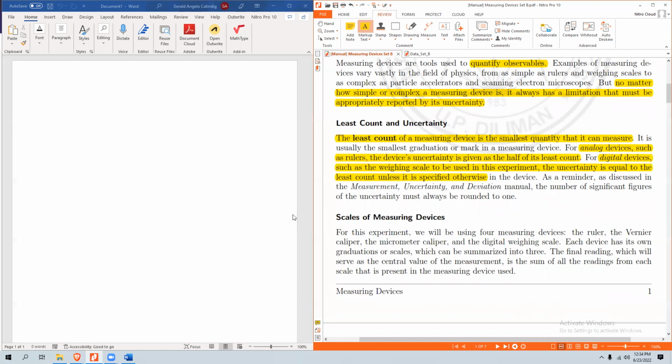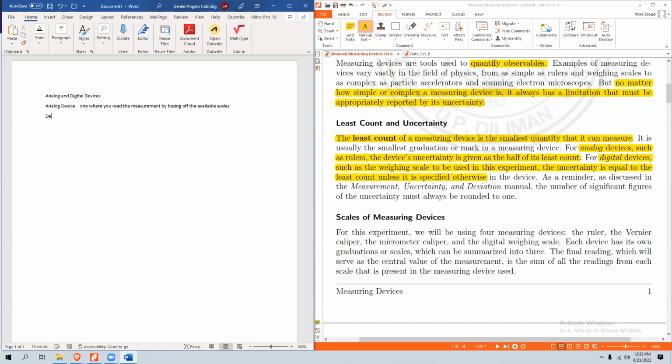All right. Just as a clarification, in case you are not familiar with the terms analog and digital, I will be typing on my Microsoft Word here on the left. Basically, an analog device is one where you read the measurement based off the available scales. Just like with the ruler with markings that denote your measurements, you will be reading and interpreting the results by yourself.